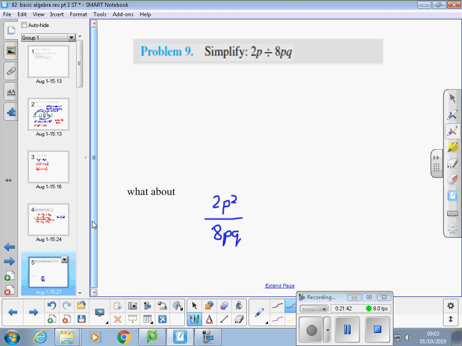Simplify 2p divided by 8pq. It's very unusual in engineering to see that kind of division sign used. How better could we write that?